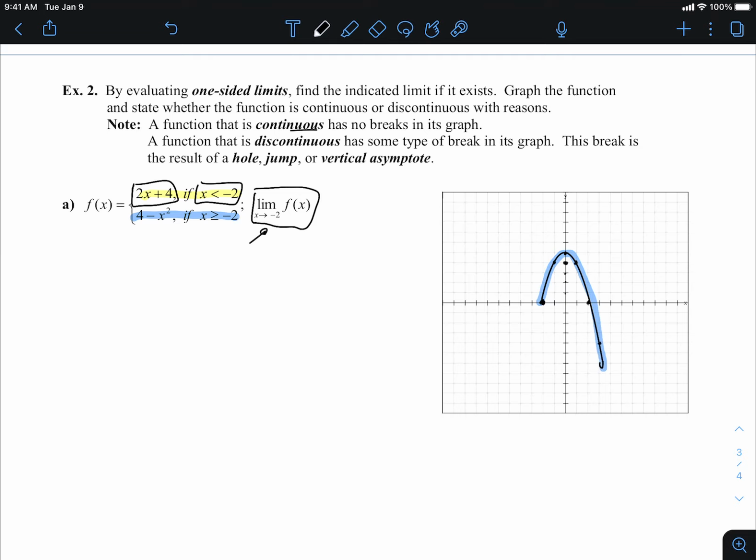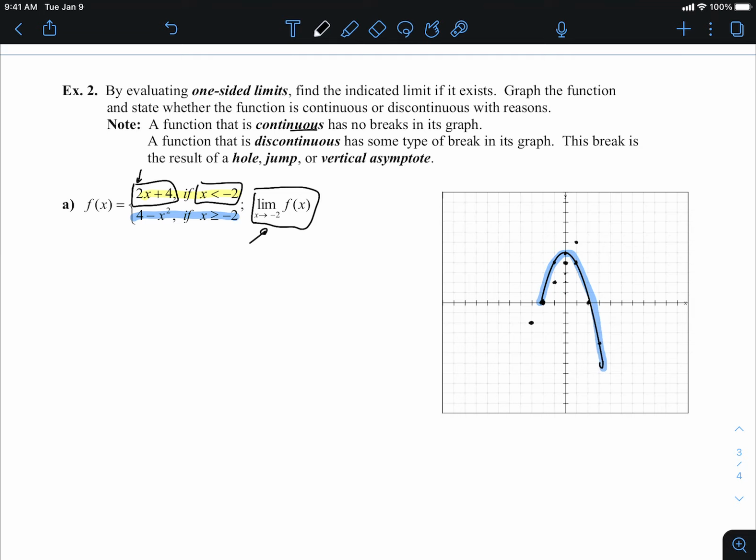I'm not interested in going in this direction, because I'm interested in all of the x values that are less than -2. The slope here would have been up 1, right 1, but to continue this line to the left I'm going to go down 1, left 1, down 1, left 1.